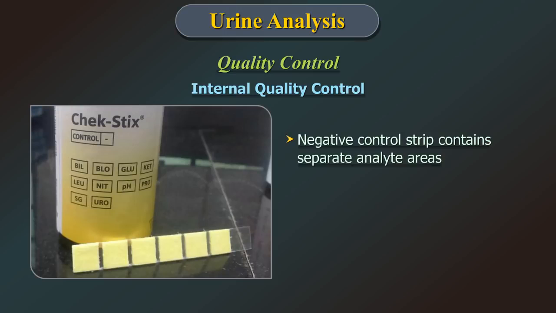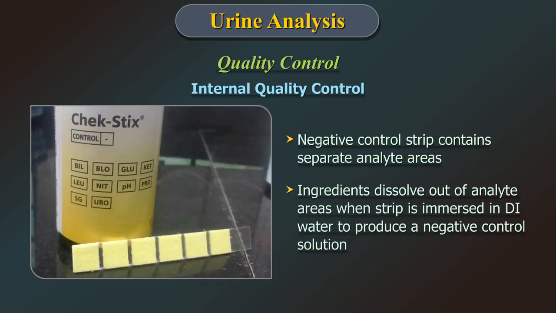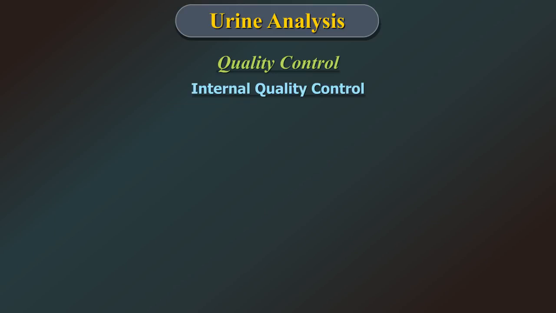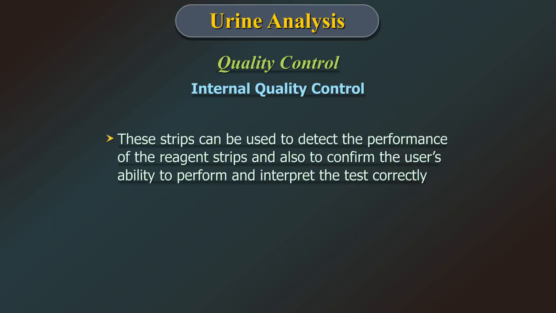The negative control strip contains 6 separate analyte areas. The ingredients dissolve out of the analyte areas when the strip is immersed in distilled water to produce a negative control solution. These strips can be used to detect the performance of the reagent strips and also to confirm the user's ability to perform and interpret the test correctly.